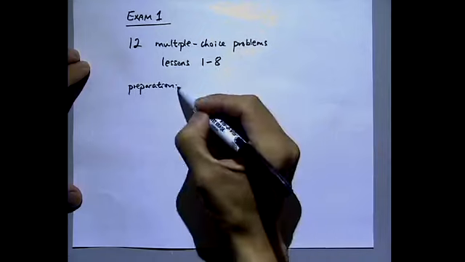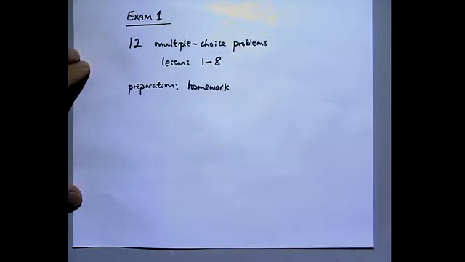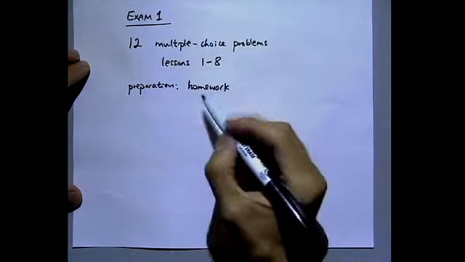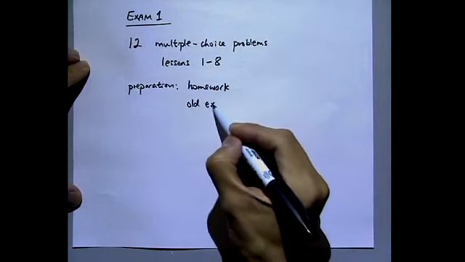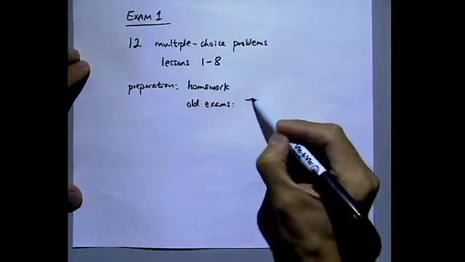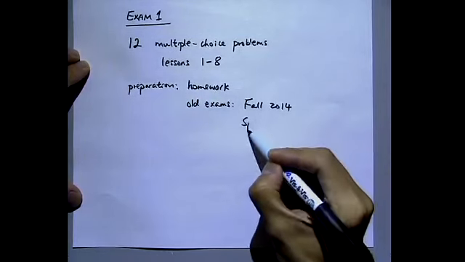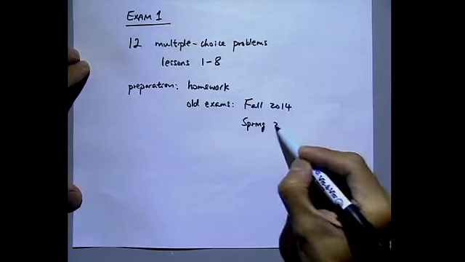To prepare, look over your homework. The exam is mostly based on your homework. There are two pretty good old exams to look at. One is from fall 2014, and the other one is from spring 2015.